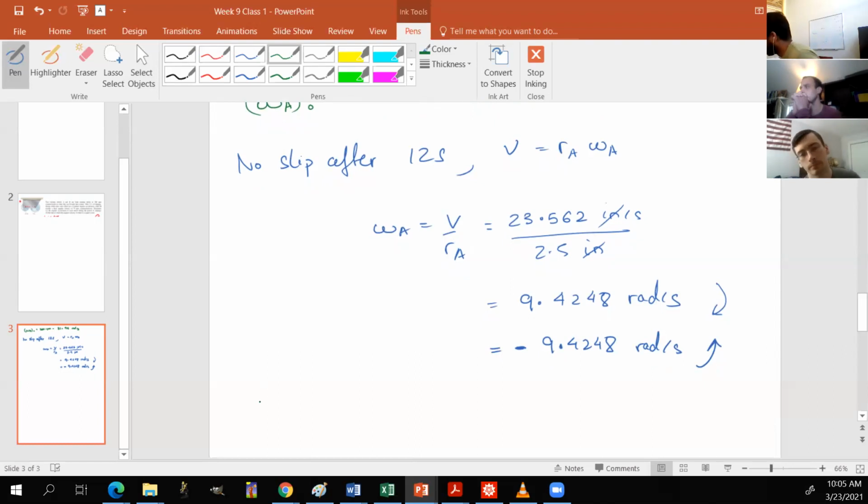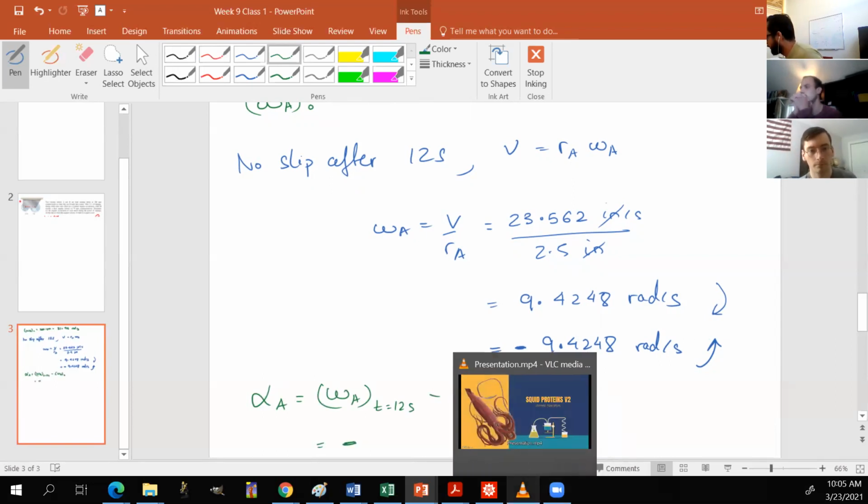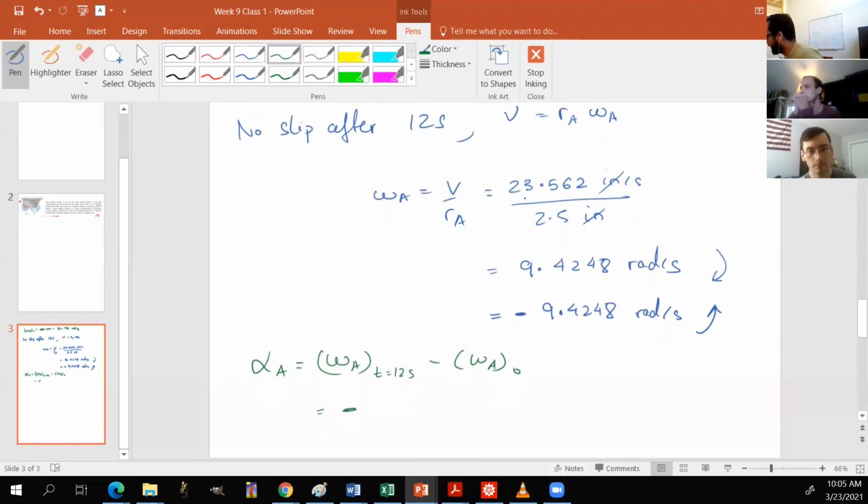So then you can write the angular acceleration of A is just equal to the angular speed. I should just start using speed for the scalar quantity, but angular speed at 12 seconds minus your angular speed initially, right? Remember, we said we're going with the counterclockwise sense, so you have minus 9.4248 minus omega A, which was 31.416. That was positive.